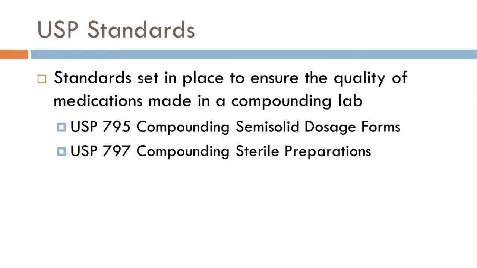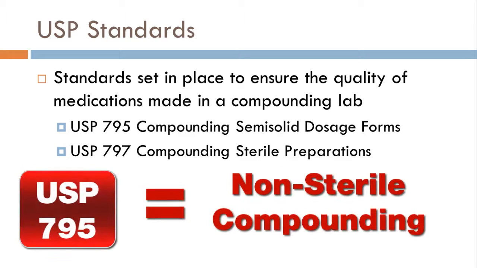To make sure that nothing goes wrong, the government has set forth some standards. These are the USP standards. USP stands for United States Pharmacopoeia. These are standards set in place to ensure the medications made inside a compounding lab are of high enough quality to be administered to a patient. Two numbers here, USP 795 and USP 797. The 795 is compounding semi-solid dosage forms.